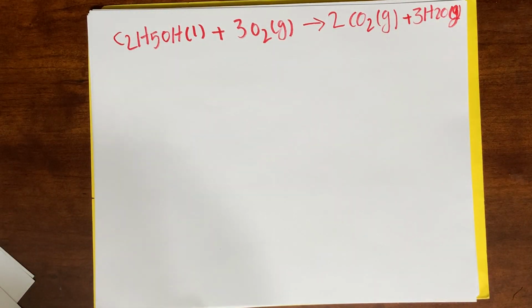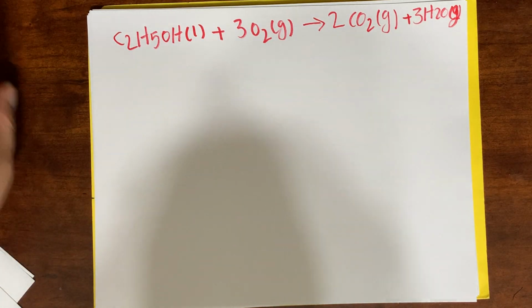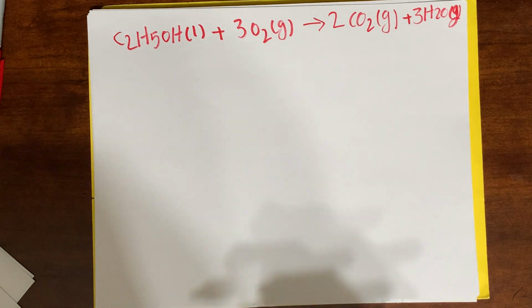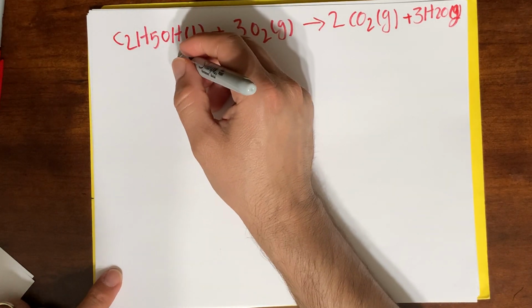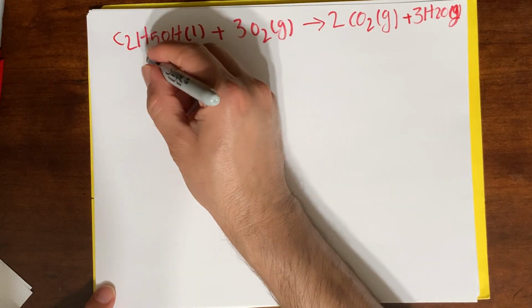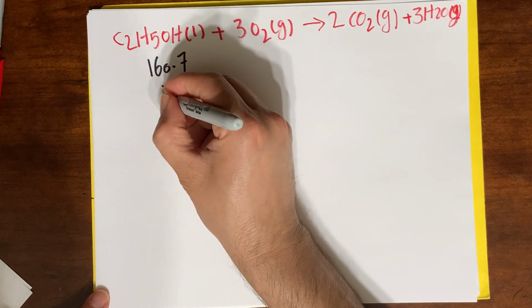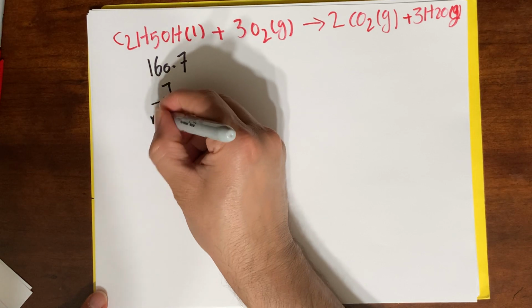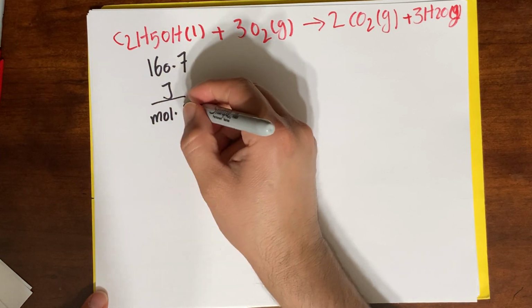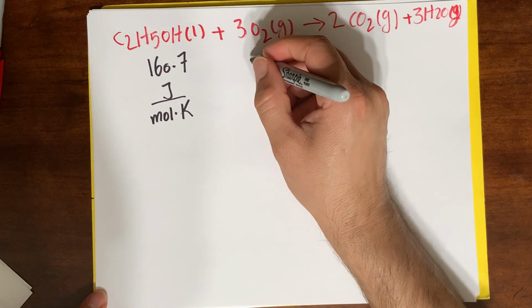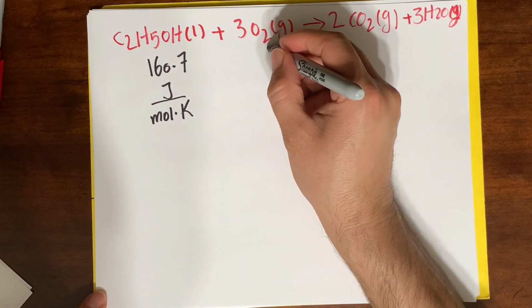They say find delta S of this reaction. Find delta S of the reaction, and they gave us delta S of each compound. S here is 160.7 joule over mole Kelvin.